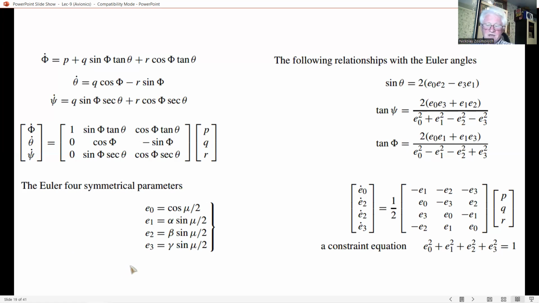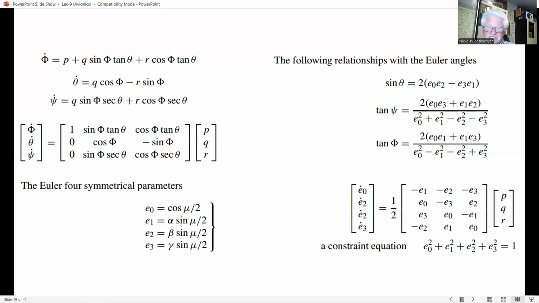Then E0, E1, E2, and E3 can be used to specify the attitude of the vehicle with respect to OX0, OY0, and OZ0.